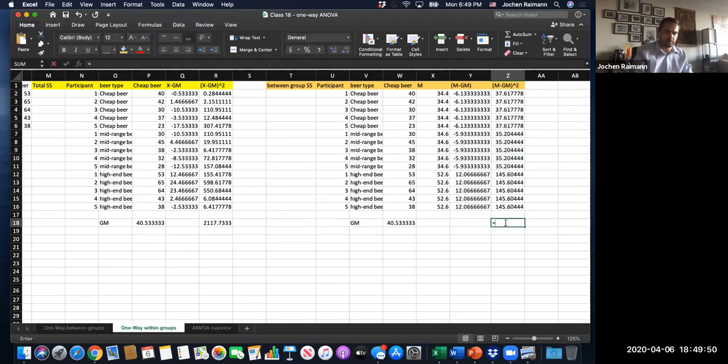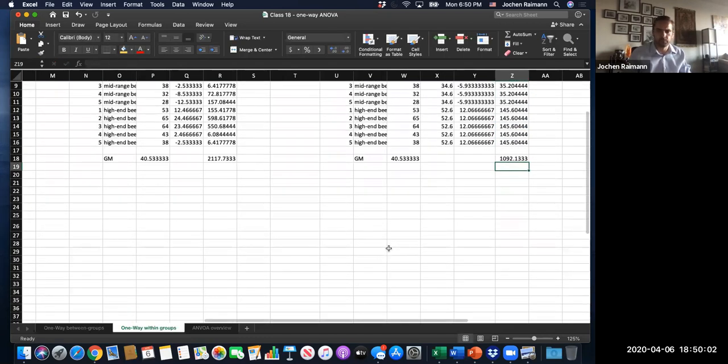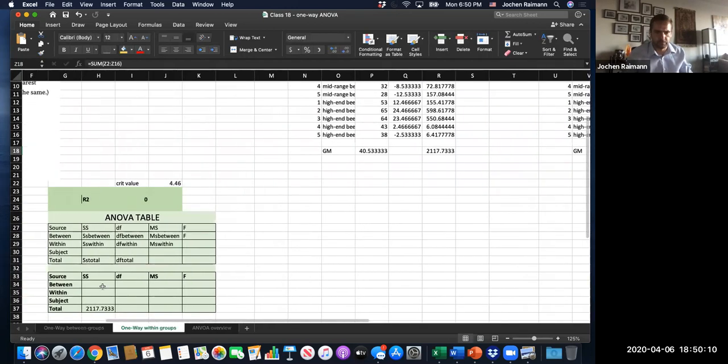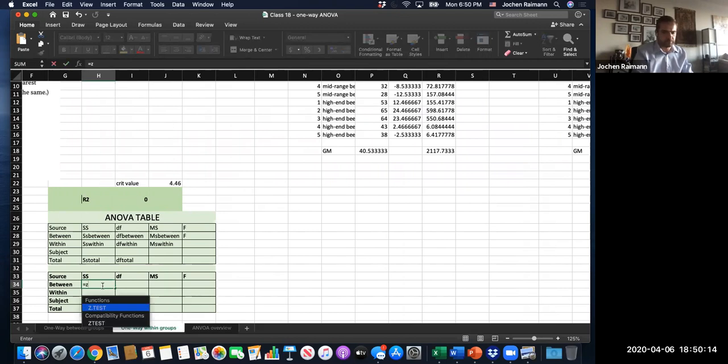We're doing this as a sum. Okay, 1092 and 13. And this is in cell C18. Groups equals C18.